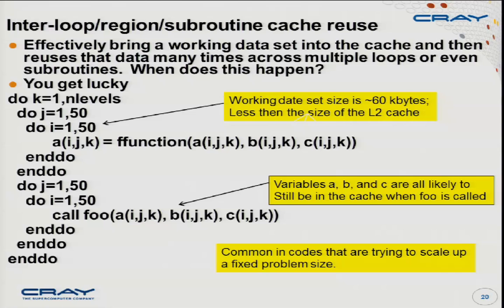Maybe the communication was running slower, but the processor was running faster. So that can happen. You're damn lucky if it does. But it also might indicate that there's an opportunity to run faster even at the lower core count. So keep that in mind.